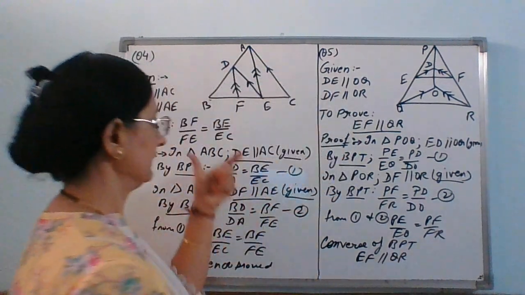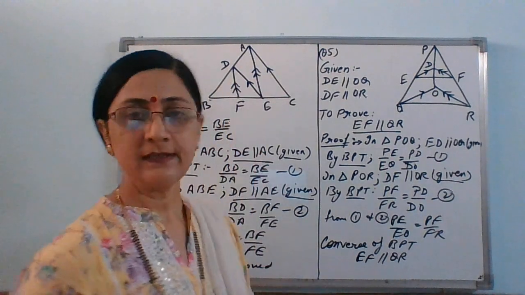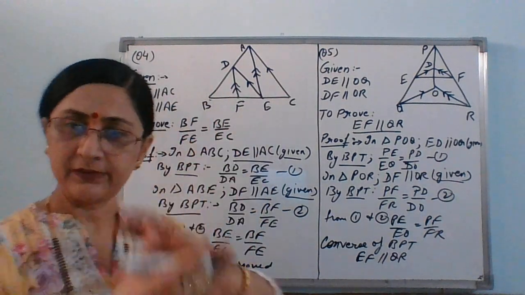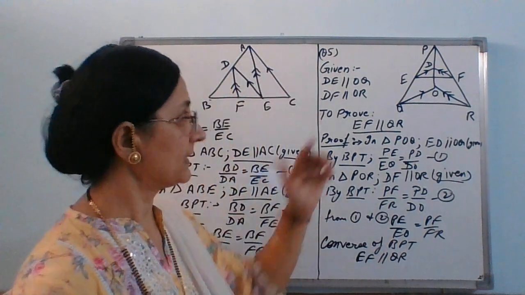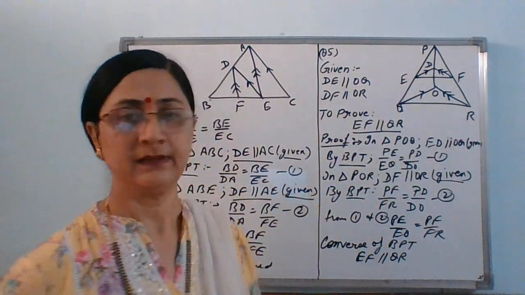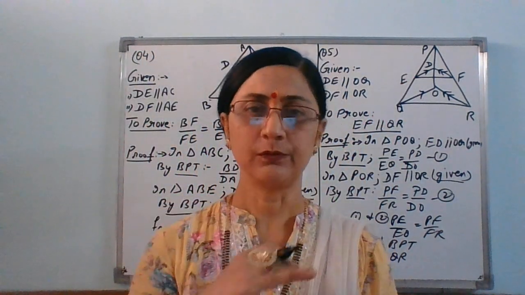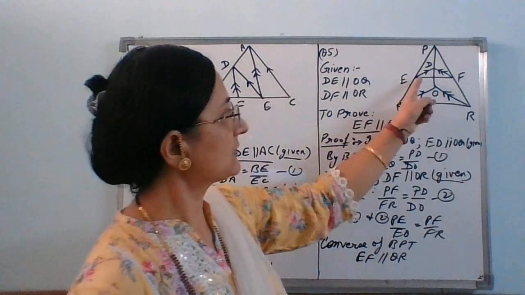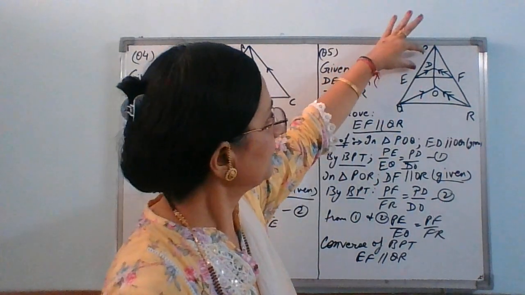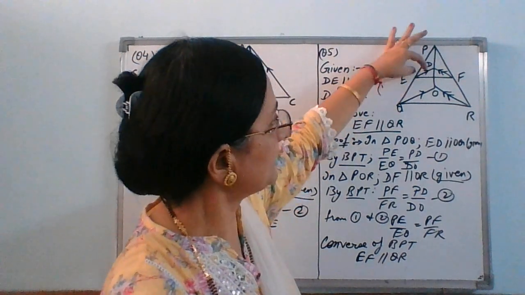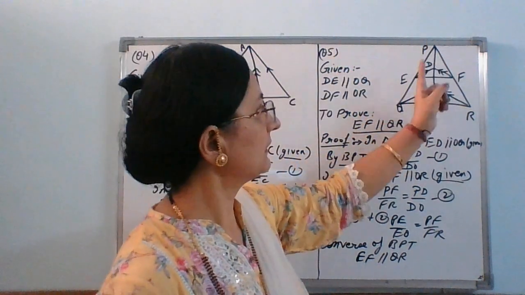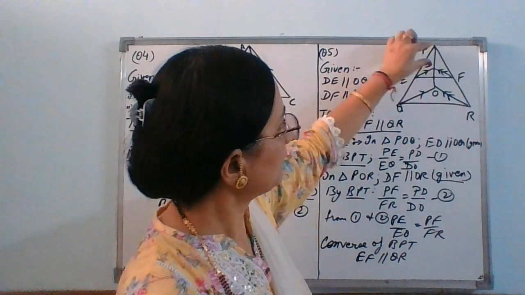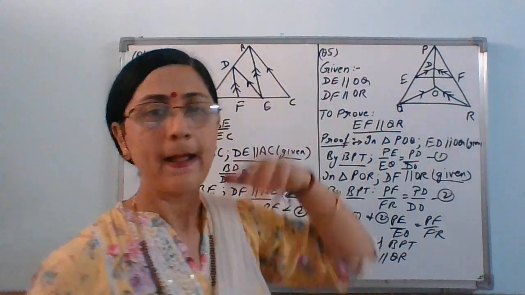Sometimes they give that the sides are parallel, and we take the sides in ratio. Sometimes they give the sides in ratio and we have to prove parallel. That is the converse of BPT, right? So what we did: from this triangle, we proved that this ratio is equal because sides were parallel. From this triangle, we proved that PF upon FR is equal to PD upon DO because they were parallel.